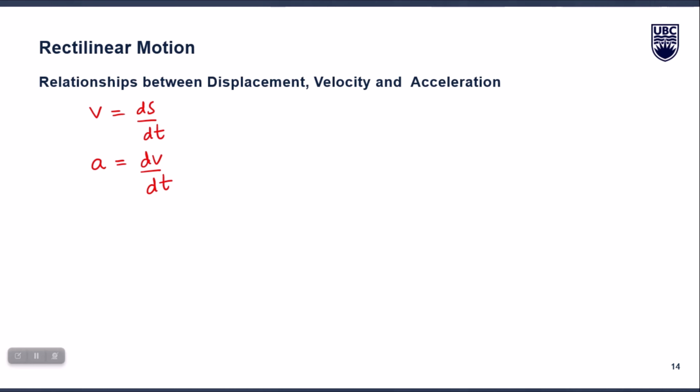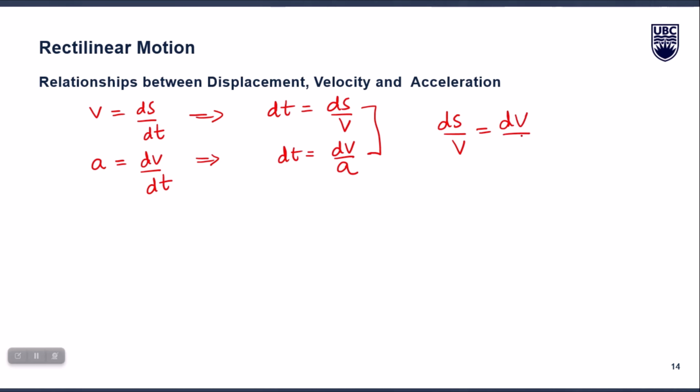What we can do from here is that we can write dt as ds over v, right? And from here also we can write dt as dv over a, right? And then we can equate them because both are equal to dt. So we will be actually getting ds over v is equal to dv over a, right?